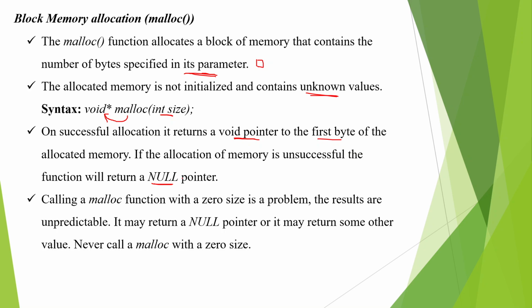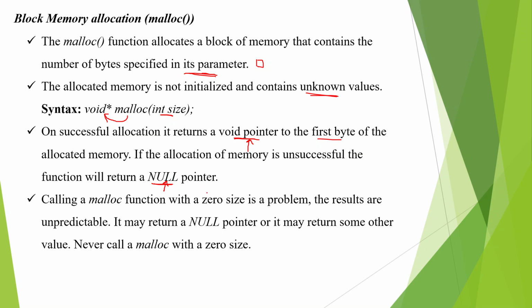Do remember, only on successful allocation do we get the first byte address. If allocation is not successful, we get a null pointer. Do understand this thing. The void pointer will have the first byte address if the memory is allocated successfully, and it will have null if the memory allocation was unsuccessful. If your heap is full or due to any technical reasons malloc failed to allocate the memory, then you will get a null pointer as the return value.